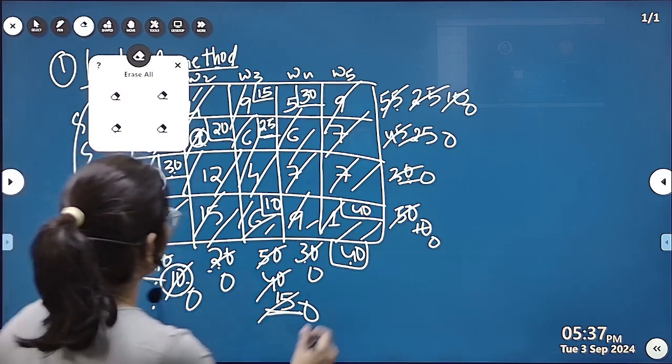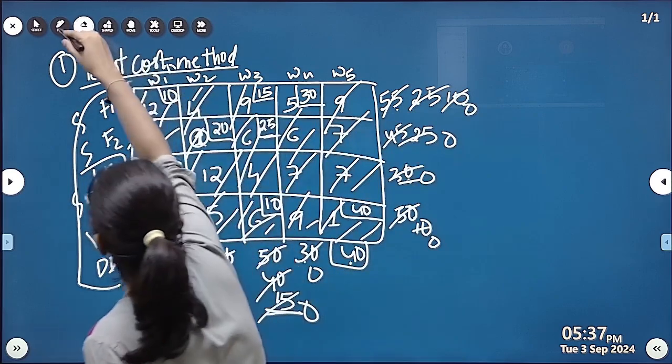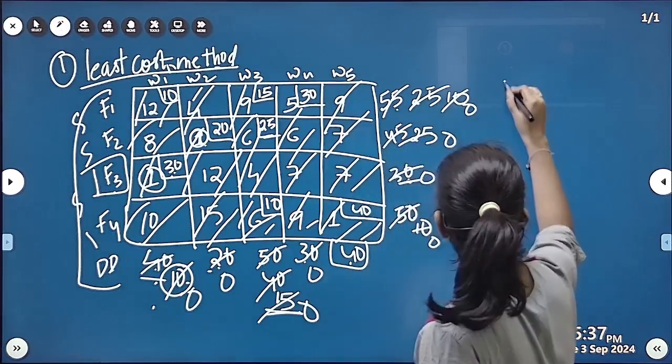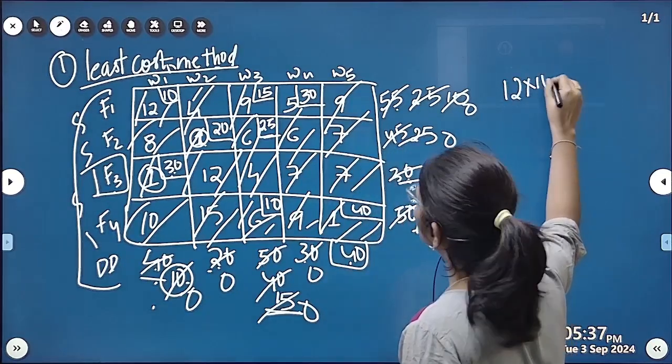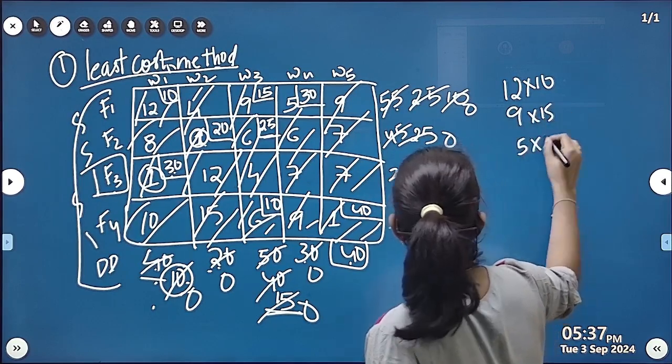So now we need to do, tell me, what is the cost? 12 into 10. Total cost will be 9 into 15 and 5 into 30.